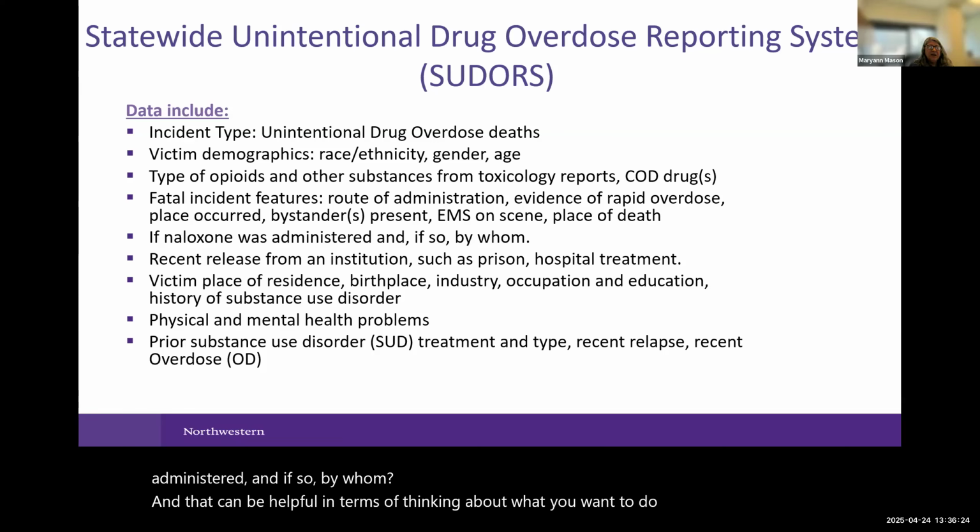Again, whether someone's been recently released from a setting, and then the physical and mental health problems. Again, specific to substance use disorder, we also have their treatment history for substance use. The type of treatment, was it MOUD or something else? Had they had a recent relapse or a recent overdose? And that can be very helpful again in planning intervention.